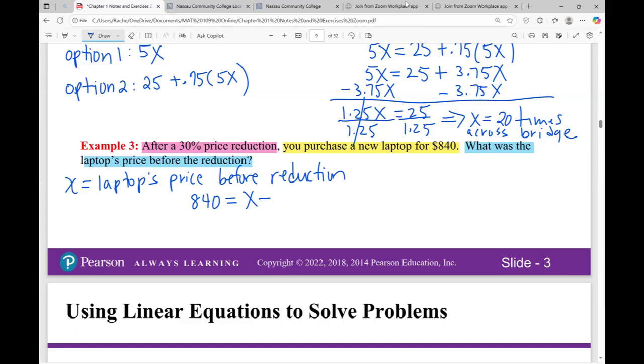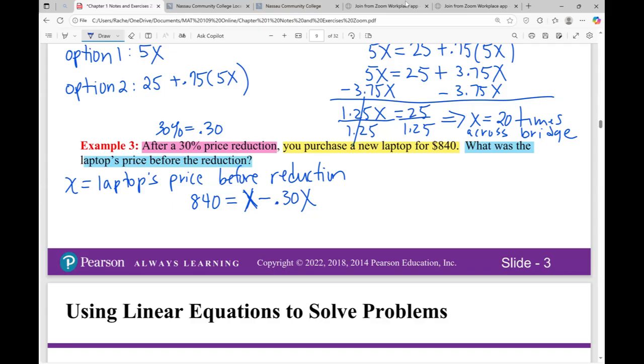And whenever we take a percentage of something, we multiply the percent by whatever we're taking the percentage of, which in this case is x, because that was the original price before the reduction. 30% as a decimal is equal to 0.30. So we're starting with the original price, and then we subtracted 30% of that original price, or 0.30 times x, and that left us with a price of $840. So $840 is equal to the original price minus 30% of the original.